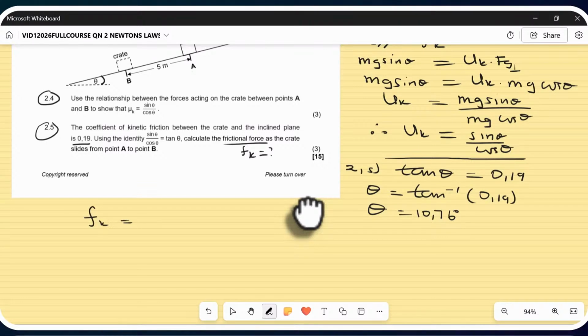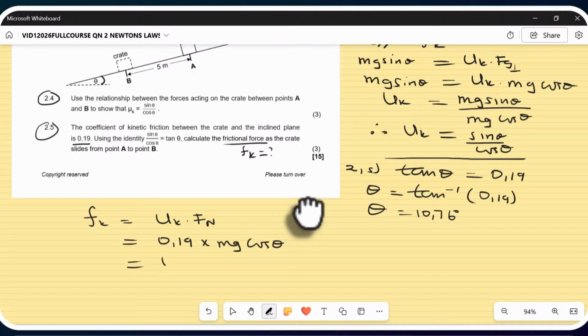It is mg cos of theta. Now that we know our theta, we're going to say 0.19 times the mass. The mass is 25, they said. Let me confirm here. Yes, 25.